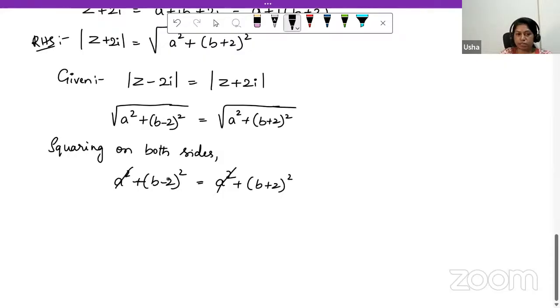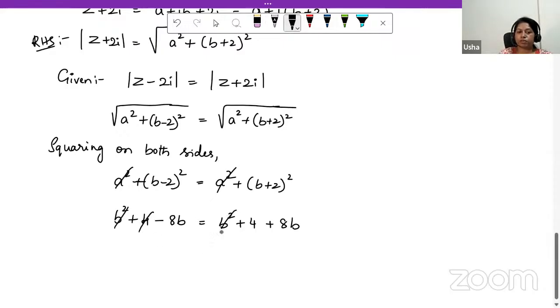Let's expand this using formula. b minus 2 whole square is b square plus 2 square, which is 4, minus 2ab, which is 8b. I'm using the a minus b whole square and a plus b whole square formulas. Here I'll expand this using the a plus b whole square formula. It is b square plus 4 plus 8b.